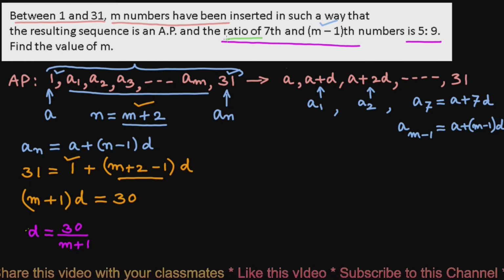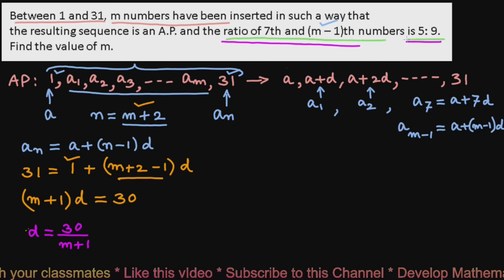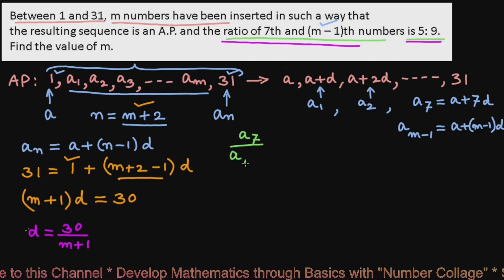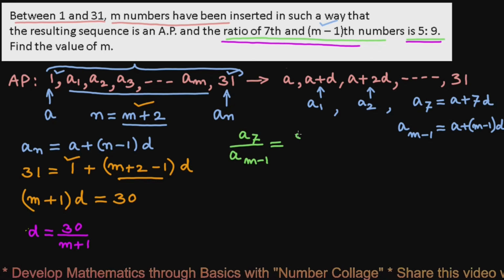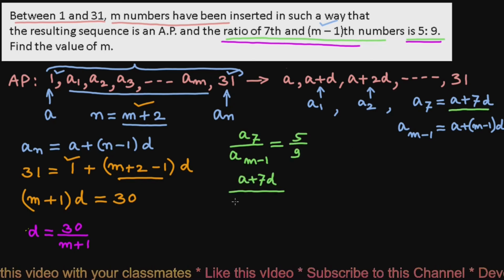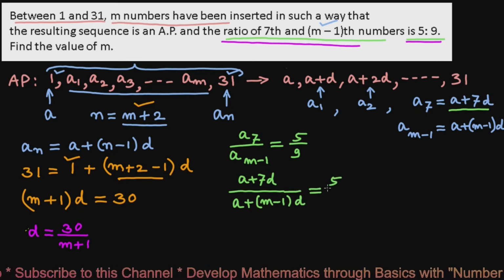Now the ratio of 7th and m minus 1th term is 5:9, which we can write as a7 upon a m minus 1 equals 5 upon 9. That will be a plus 7d upon a plus m minus 1 d equals 5 upon 9.